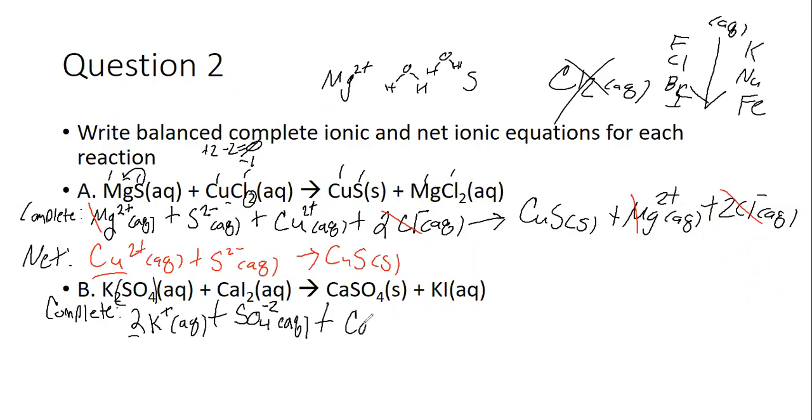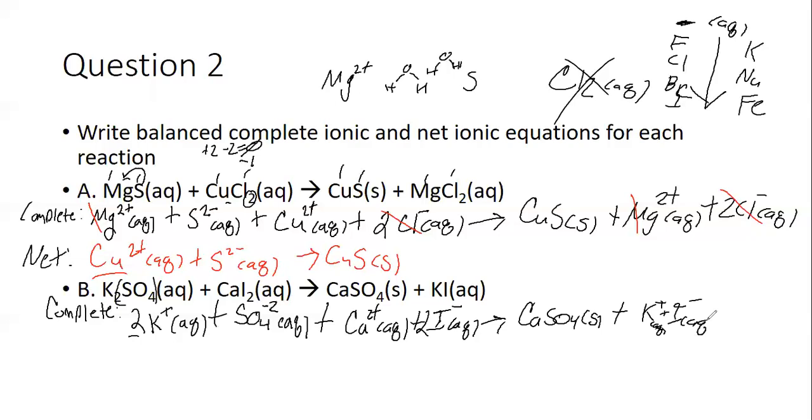That will make calcium, or that plus calcium 2 plus aqueous, plus, again, 2I minus aqueous for the reasons we talked about above. That will go and make calcium sulfate solid. It's a solid, so I don't break that apart. Plus potassium iodide aqueous, sorry, I got a little ahead of myself there.